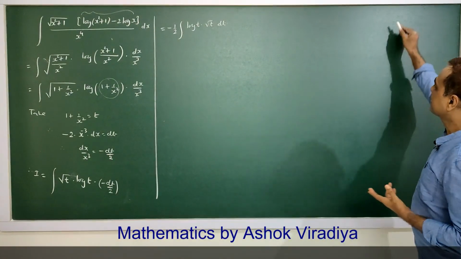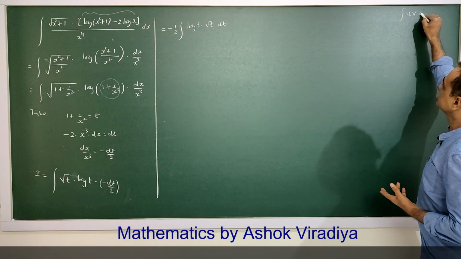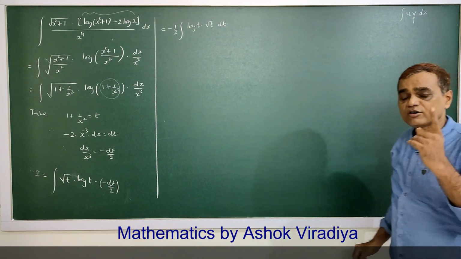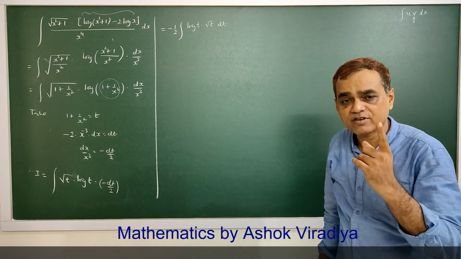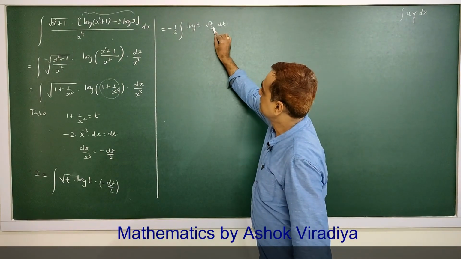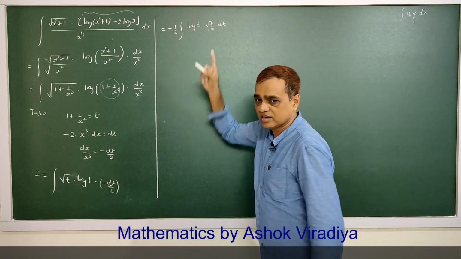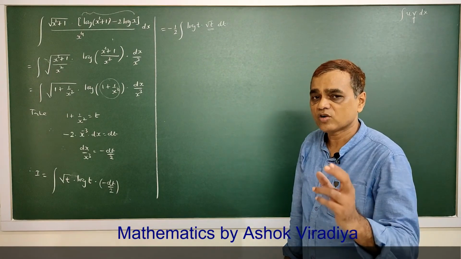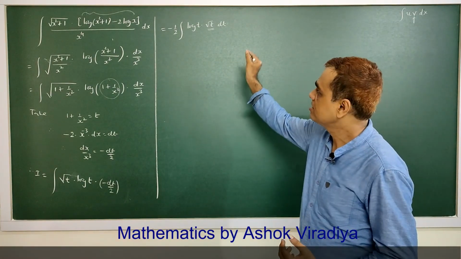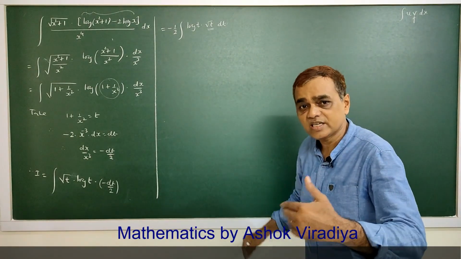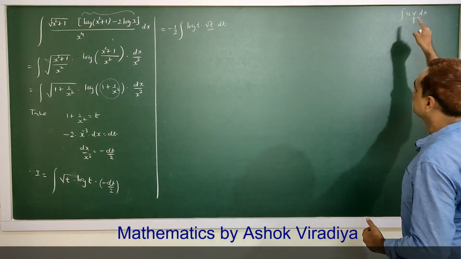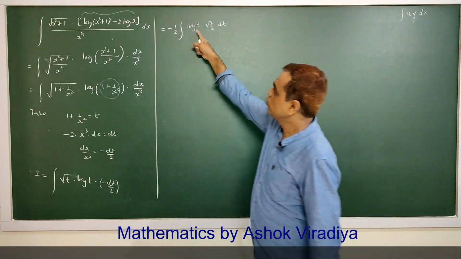See, when we apply the rule of integration by parts, in this rule we are integrating the second function. The second function should be integrable. So if I keep root t as the second function, it is integrable. We don't have a formula to integrate log t. It is not easily integrable, but root t is easily integrable. So whatever is integrable or very easily integrable, we choose as v. So this will be u, this will be v.